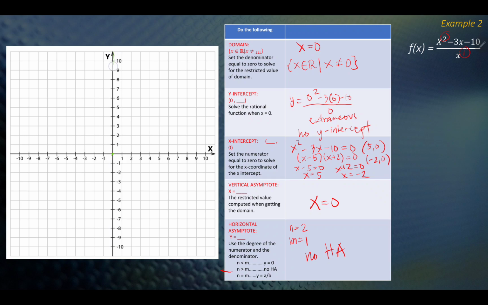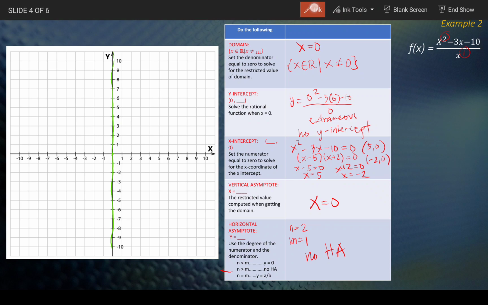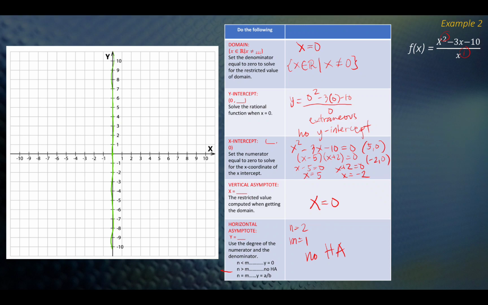So we have here a vertical asymptote. For our x-intercept, we have x equals 5. So that is 5, 0. This one, 5, 0. And we have negative 2, 0.